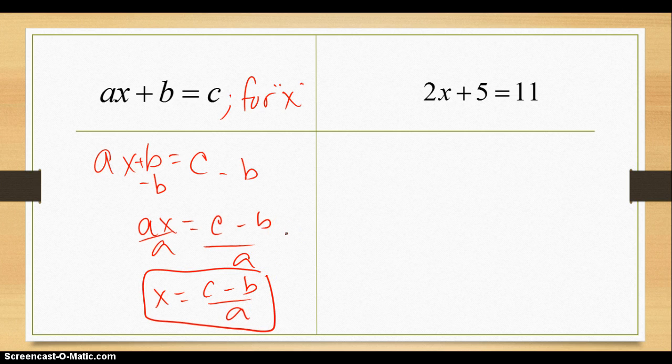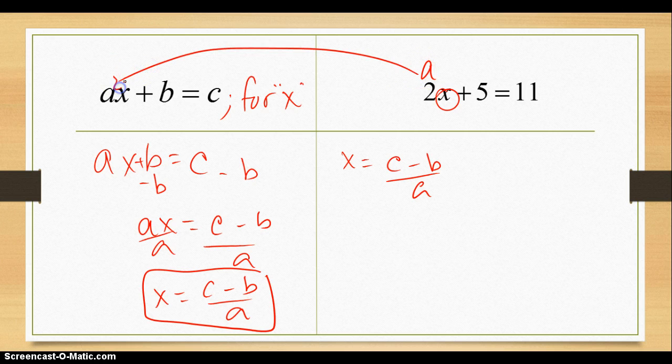So what the literal equation says is that we can use this equation that we created and plug in the numbers to find out what x equals. We know 2 here is the coefficient, which is the a in the equation. We know that 5 is b, and 11 is c.